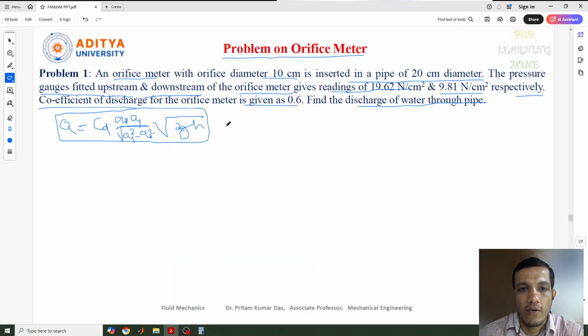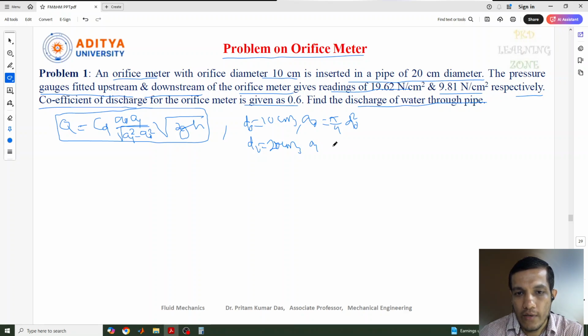The orifice diameter D0 is 10 centimeter, so we can find out immediately the value of A0, and A0 is nothing but pi by 4 D0 square. And the pipe diameter D1 is given, that is 20 centimeter. So A1 equals pi by 4 D1 square.